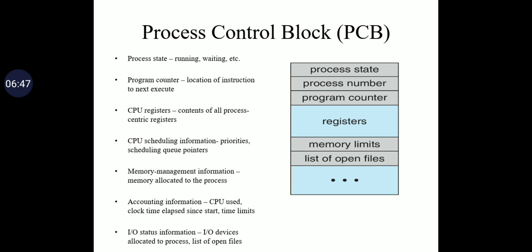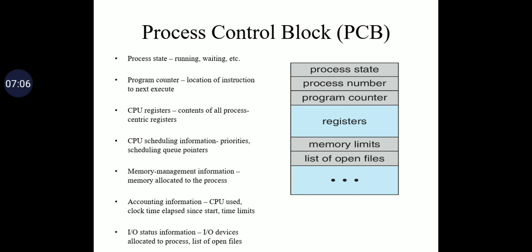Then memory management information, what memory limit has been allocated for that particular process. Then accounting information, how long the CPU is used since the process entered the processor and until it left. That information is also maintained.